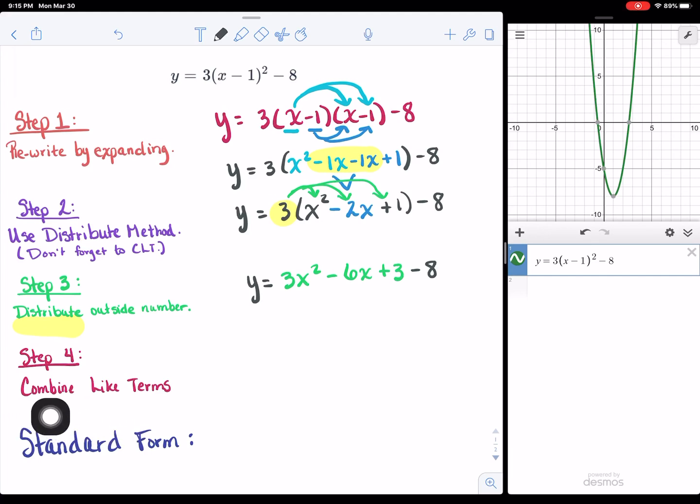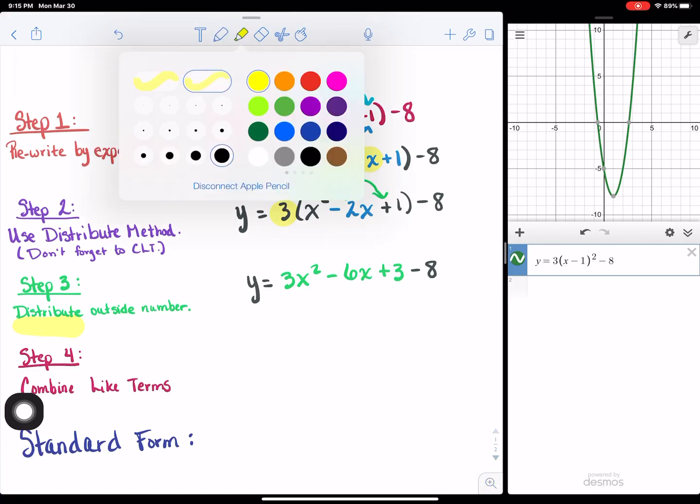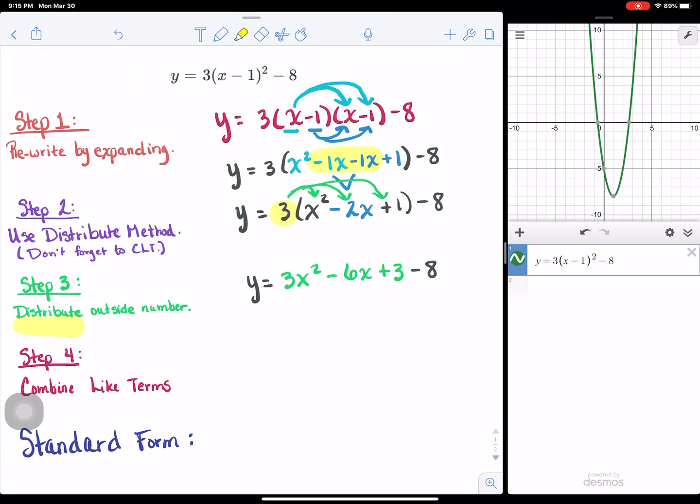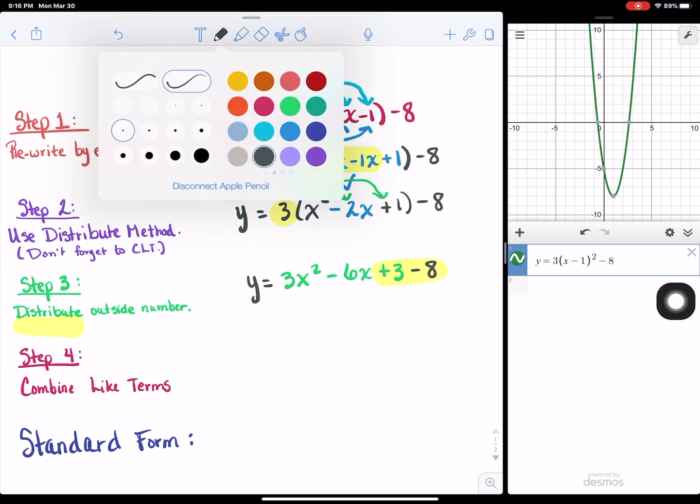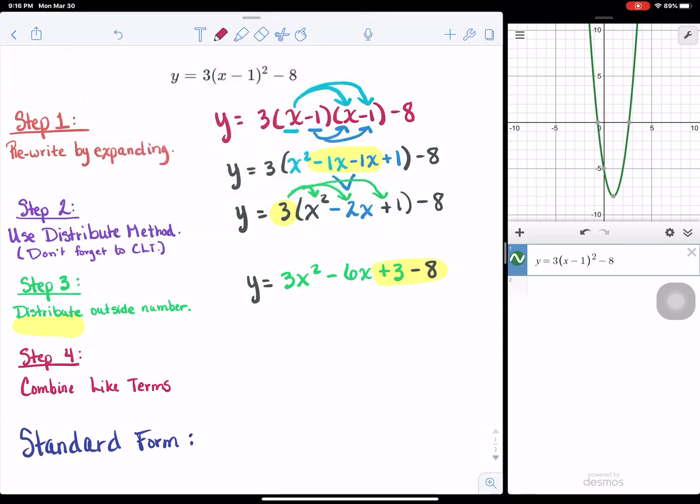Step number 4, we're going to combine like terms again. Your last two numbers, we're able to combine their constants. So 3 minus 8 gives us a negative 5.